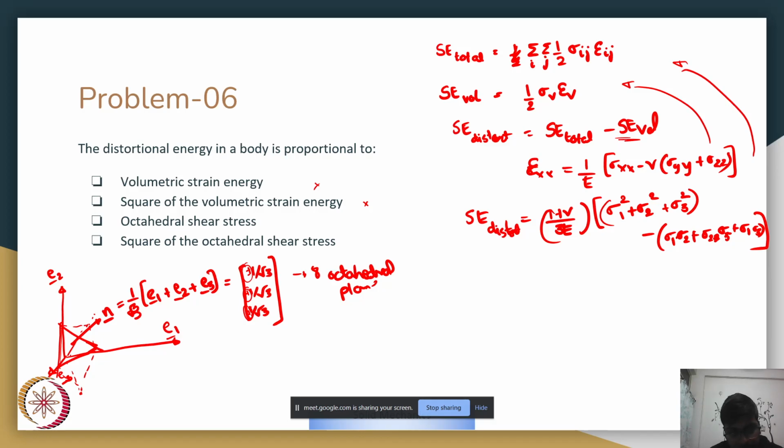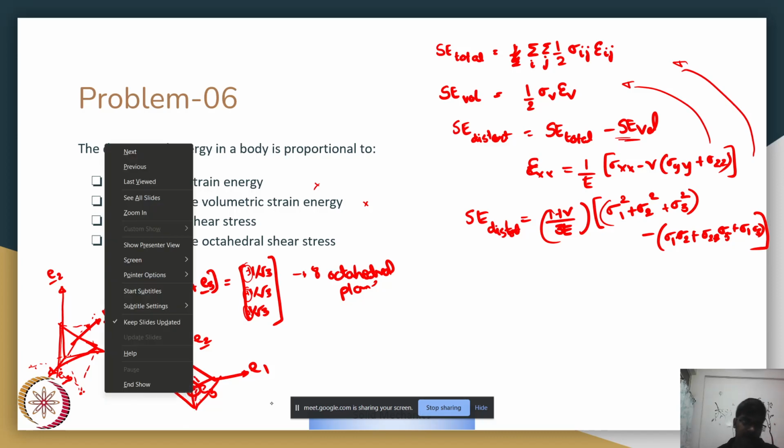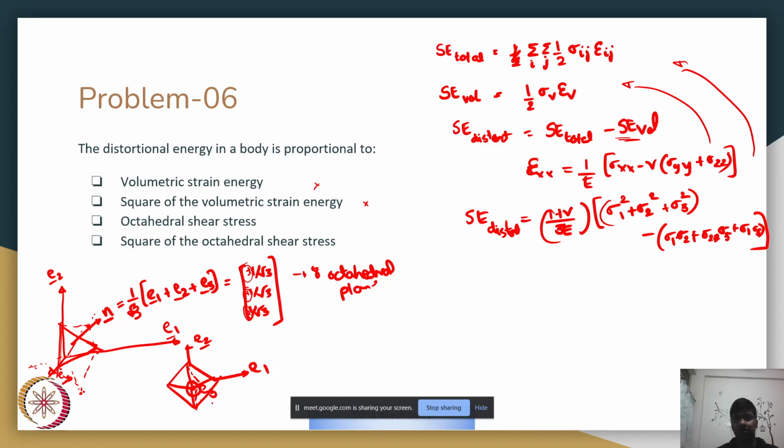Then you could have one more plane from this point, and this point, and then you can extend even in the negative direction. My drawing is not particularly good, but it would look something like this. So this direction coming out is say your E3, this is your E1, this is your E2, and this whole system is also in the opposite direction. So these are your 8 octahedral planes.